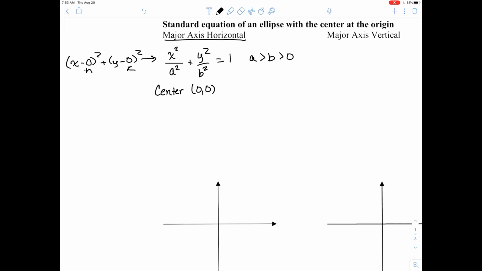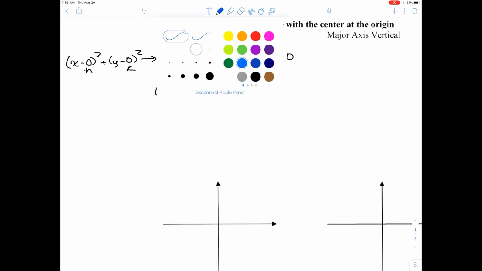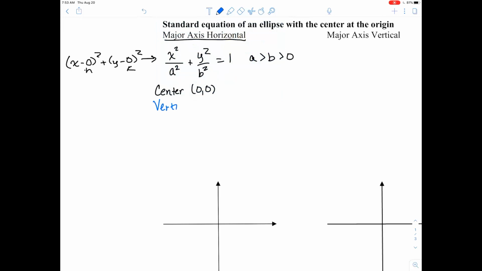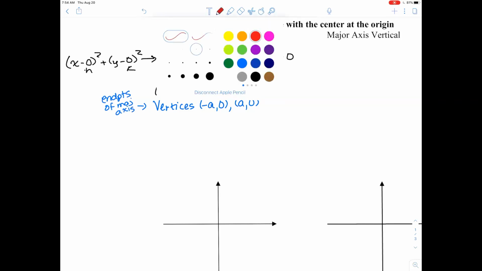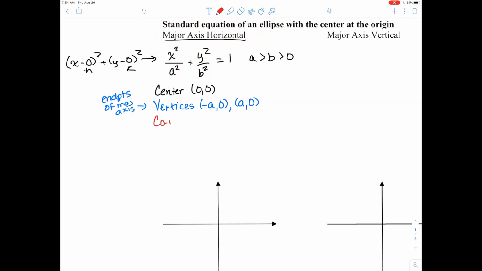Okay, your vertices, I'll change colors here. Your vertices are going to be at negative a, 0 and positive a, 0. And remember, these are the endpoints of the major axis. And I'll do your co-vertices here in red.